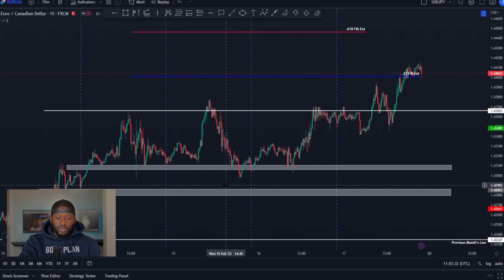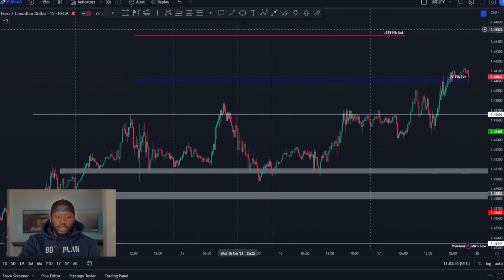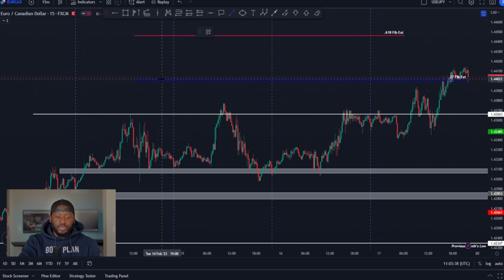So let's quickly jump on the charts and I'll show you why that is. So first and foremost, guys, as you can see, I got in just after CPI. I know this isn't a USD pair, but sometimes CPI can have an effect on other charts, as I explained in the video.